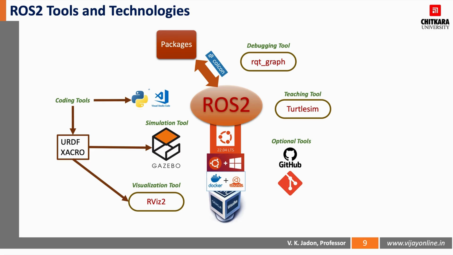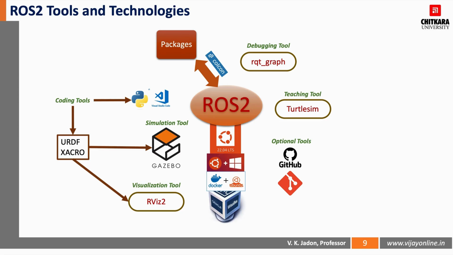And a few more things that we will probably be using in the next course. One is URDF, the Unified Robot Description Format, and Xacro, that is XML macros. They are crucial components in ROS2 for defining and managing robot models.